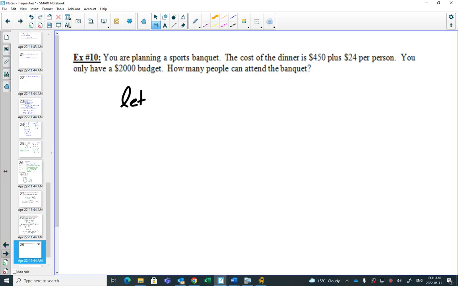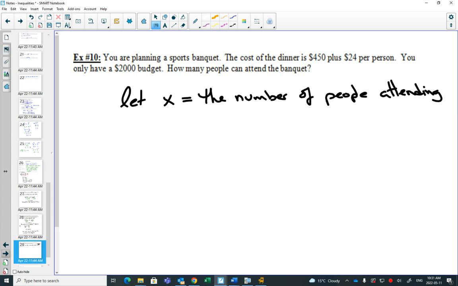Yes, each person pays. So let x equal the number of people that are going.